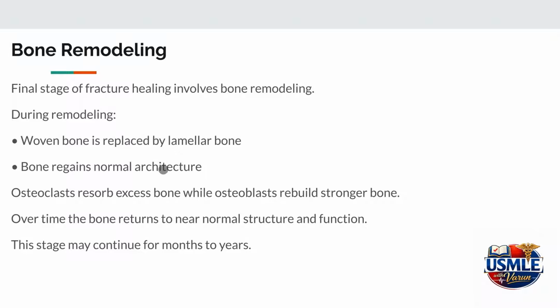This process restores the normal architecture of the bone and aligns the bony trabeculae along the lines of mechanical stress. So bone remodeling depends on the kind of mechanical stress you give. Bone remodeling may continue for months or even years after the initial fracture. Eventually, the healed bone regains much of its original strength and structure.